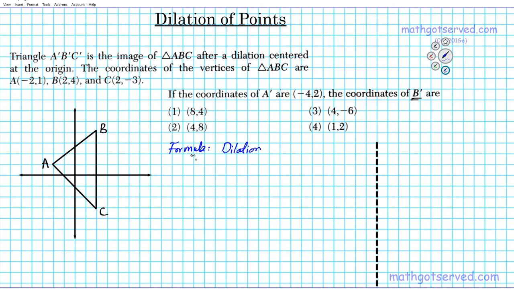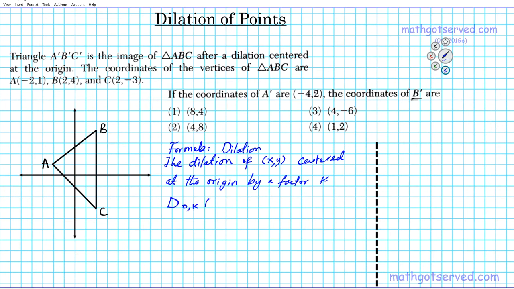So the dilation of a point, let's say (x, y), centered at the origin, by a factor k, is given by, let's say D for dilation, O for origin, by a factor k.